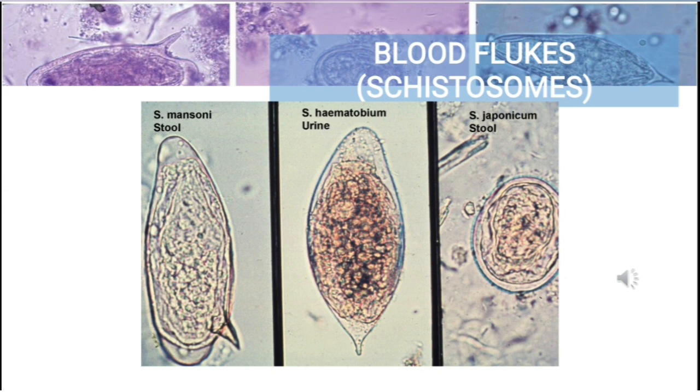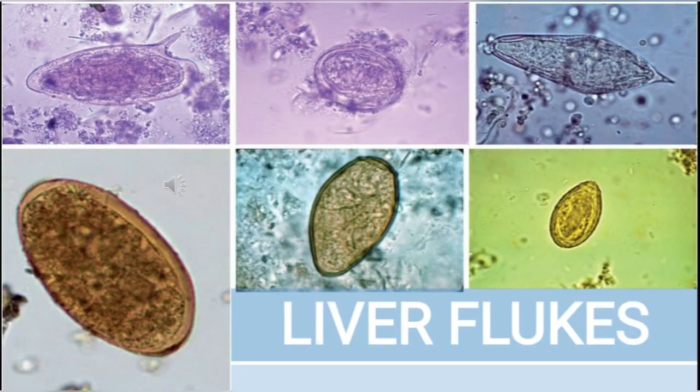This picture shows the various blood flukes or schistosomes with their distinguishing features of the ovum. And we are done with the different blood flukes. Now let us proceed to the liver flukes.